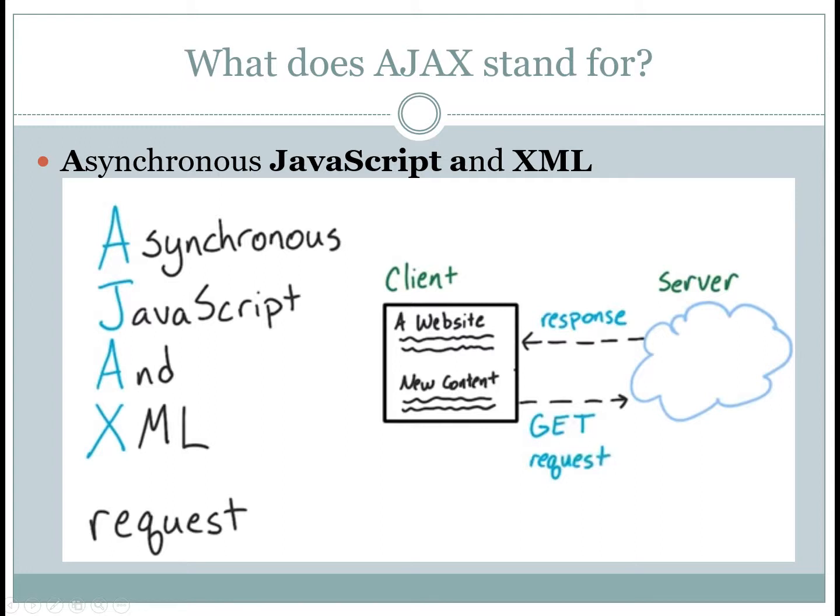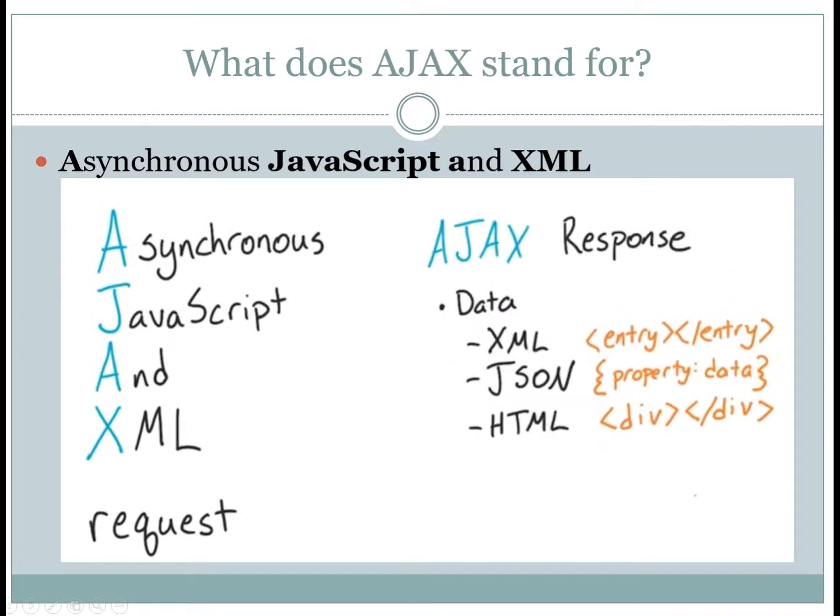Asynchronous in AJAX refers to the fact that the request doesn't block other events from happening. Instead, the page keeps on doing its thing and then only acts on the data when it gets returned by the server.